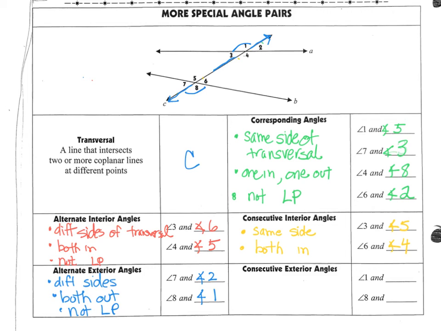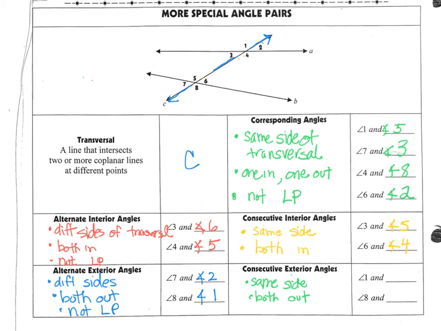And then our last type that we're looking at here are consecutive exterior angles. And two things for this: they must be on the same side, and exterior, they must both be out.